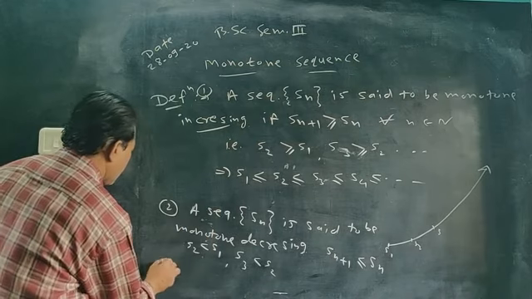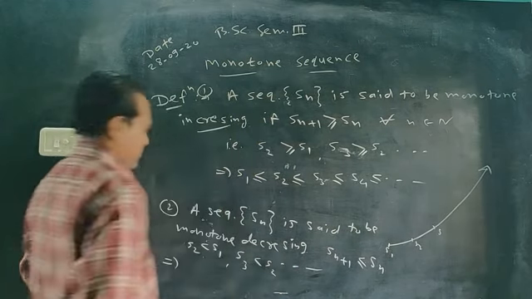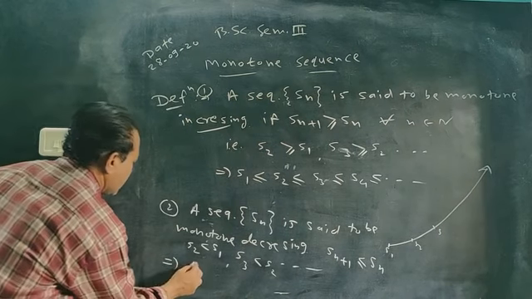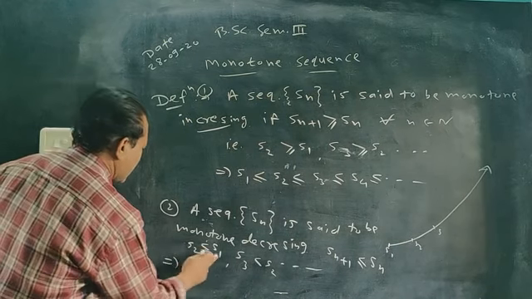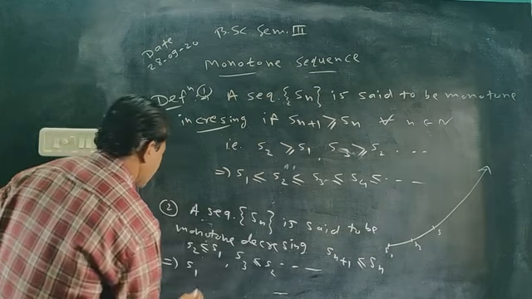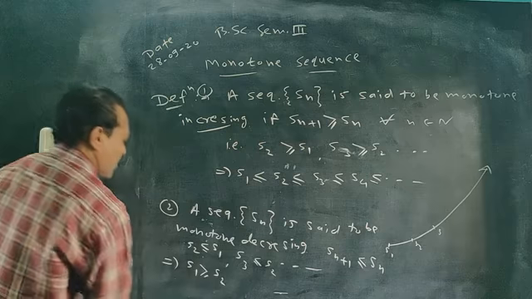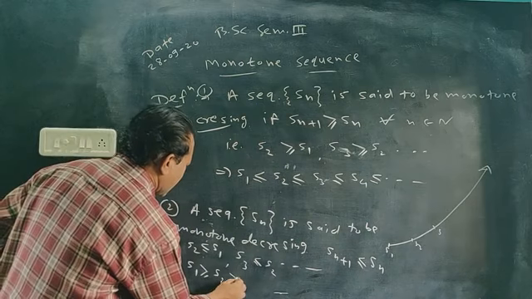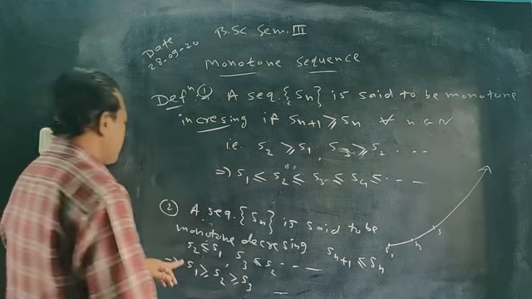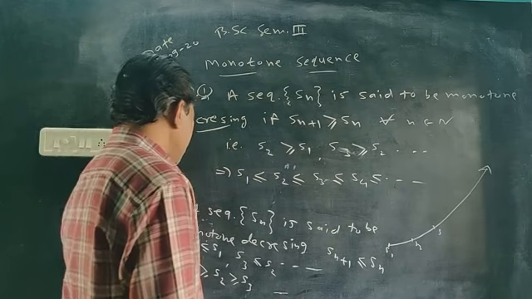And so on. So what is here? S1 will be greater than S2, S2 will be greater than S3. So the first term is biggest, then smaller and smaller.